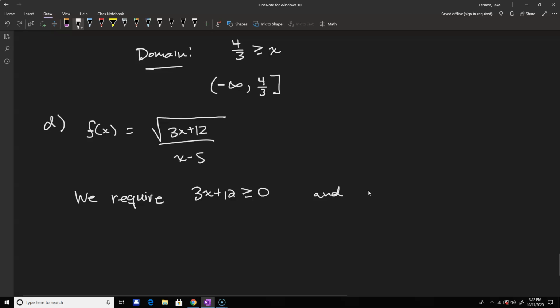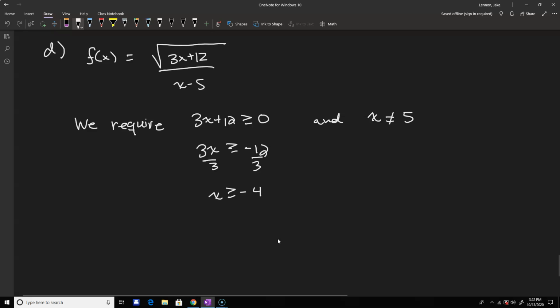And we also need that x cannot equal 5 because that would cause division by 0 in the denominator. So let's go ahead and solve this inequality. So 3x is greater than or equal to negative 12. We divide by 3 on both sides and we get x is greater than or equal to negative 4.